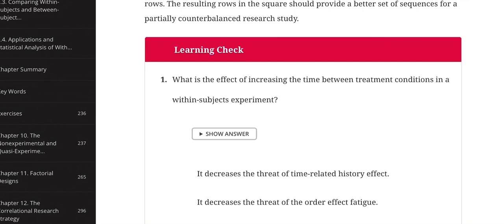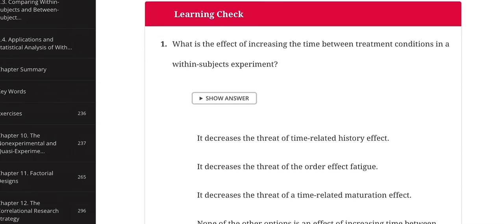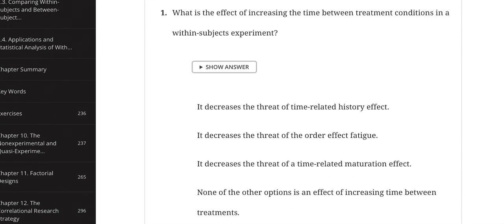So here's your learning check. What is the effect of increasing the time between treatment conditions in a within subjects experiment? Now, hopefully you know from looking at this that if we're increasing the time between measurements, between conditions, then we are increasing time-related issues, right?